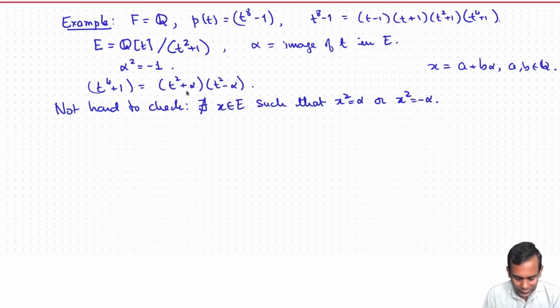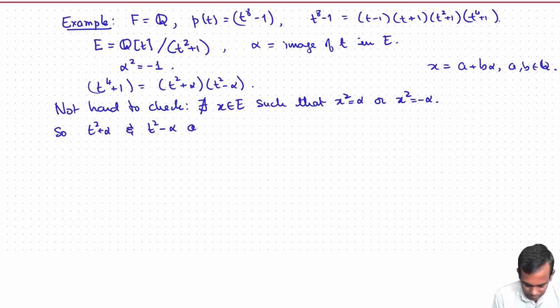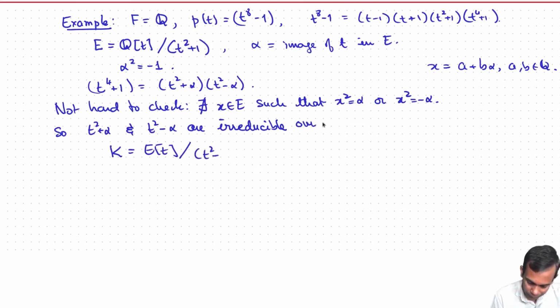What that means is that t squared plus alpha and t squared minus alpha have no roots, and therefore each of them is irreducible. So t squared plus alpha and t squared minus alpha are irreducible over E, and so we take one of them and define K. I can take E[t] mod t squared minus alpha.